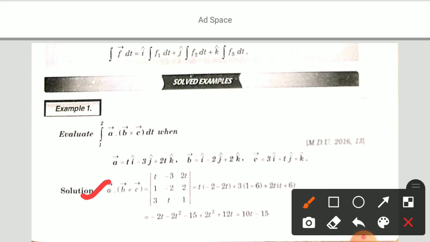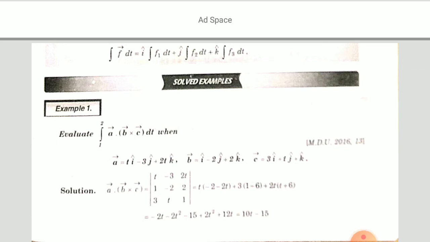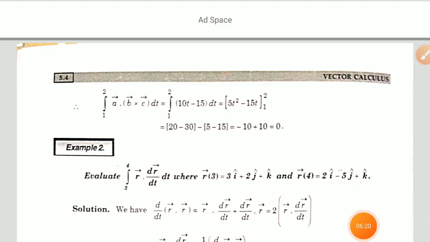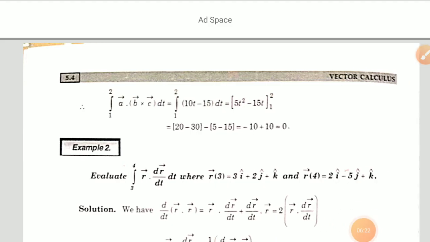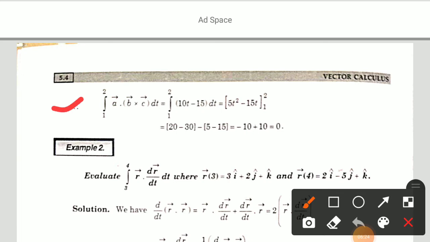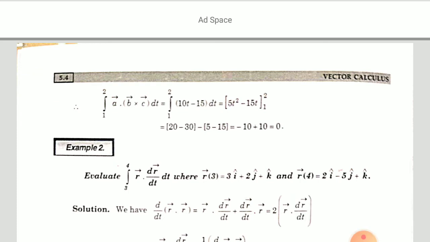By determinant, writing the components of a, b, c and finding the determinant, we have the value. That is, integration of a dot b cross c, limit from 1 to 2, value is 5t square minus 15t, putting the upper limit and lower limit, value is 0.